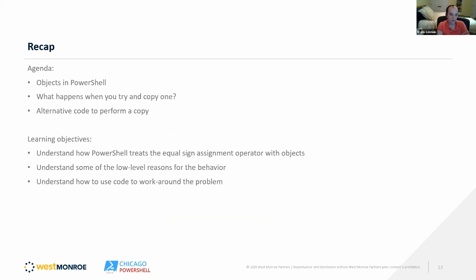I showed some alternative code to perform a copy, and again, I will post it on GitHub. So hopefully I've achieved the learning objectives here of covering why the equal sign operator does what it does, some of the low level reasons for that, and what's happening in the code that I wrote to work around the problem.